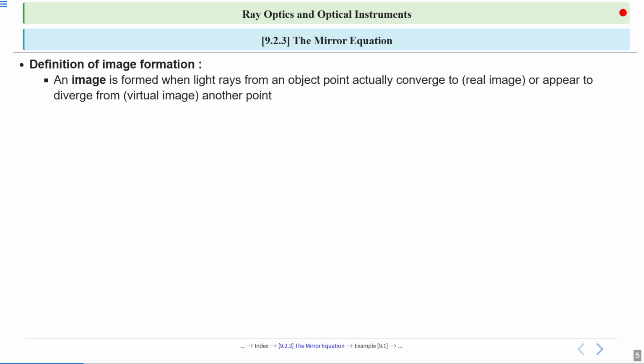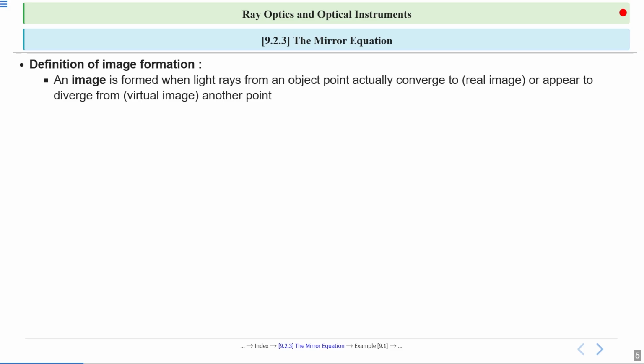Light rays coming from the object fall on the mirror, either a concave mirror or a convex mirror. After reflecting from the mirror, the rays converge at some point or appear to diverge from a point. They converge at a point in the case of a real image, or appear to diverge from a point in the case of a virtual image.